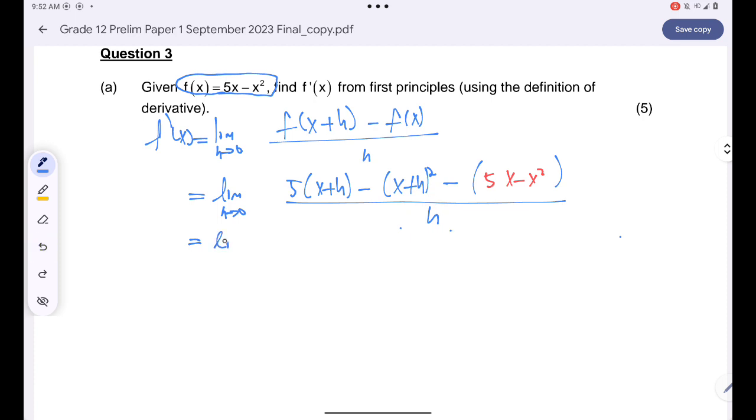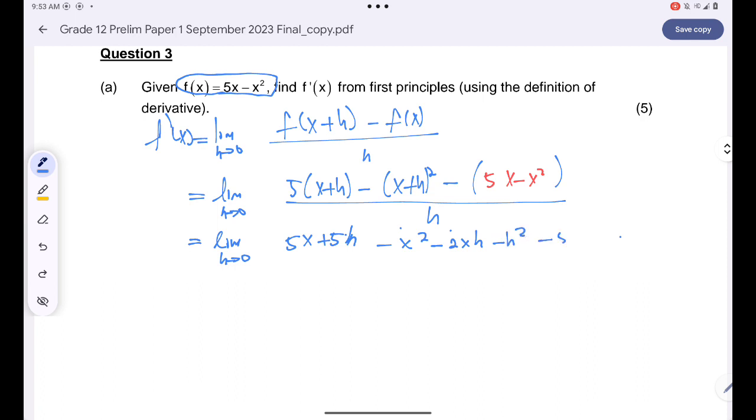Okay, I have limit as h approaches 0. Let's just remove these brackets. We'll end up having 5x plus 5h minus x squared minus 2xh minus h squared.